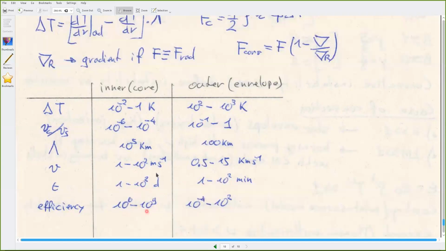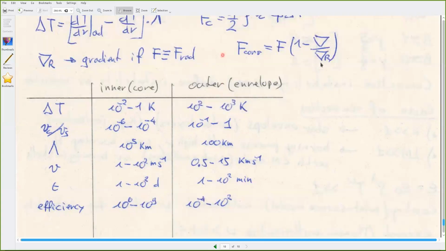It's really good at transferring, even if the temperature difference is so small, it manages to be really efficient and permits the gradient of the star to be essentially the adiabatic one. The outer parts are not so good, and so the gradient will be higher than the adiabatic, but less than this value.